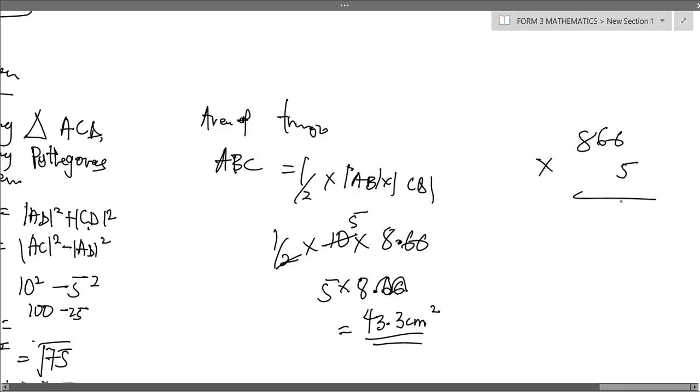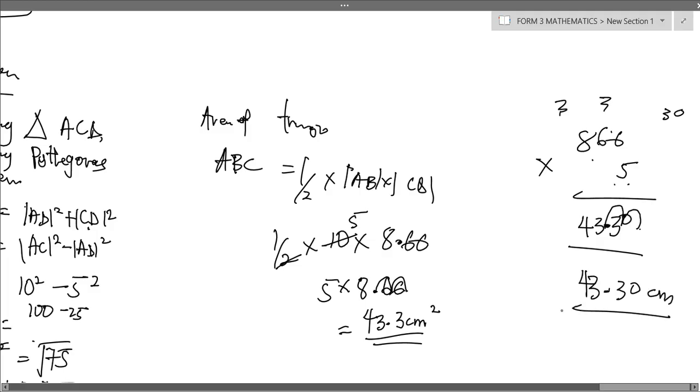Now let's simplify this. 5 times 6 is 30, 0 remainder 3. 5 times 6 is 30 plus 3 is 33, 3 remainder 3. 5 times 8 is 40 plus 3 is 43. We moved 2 decimal places, so we bring back the 2 decimal places, 1, 2. Now we have our 43.30 centimeters squared. So that was how we got our 43.3.